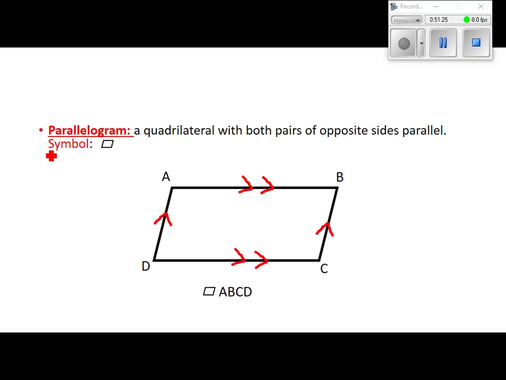What do you know about those two angles I just pointed at? They add up to 180. They're consecutive interior angles. What's true about those two angles? They're congruent, so on and so on. Remember all that.